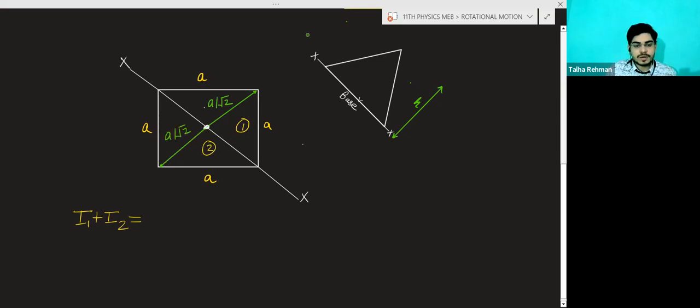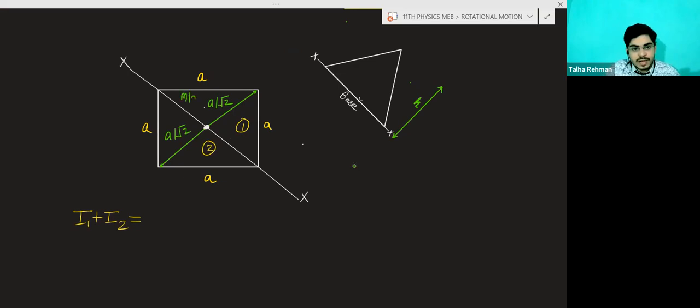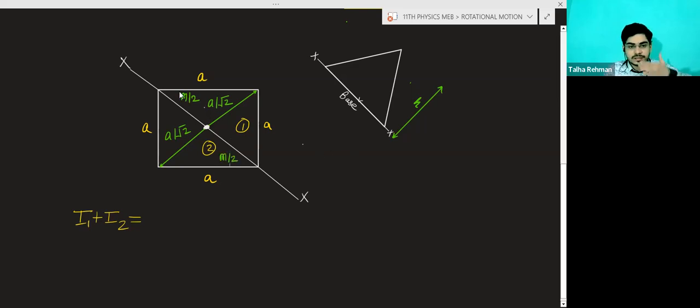Now this is triangle 1 and this is triangle 2. So the mass of this triangle will be m by 2, half of the mass of the square, and here also you will take half of the mass of the square, because you have cut this square into two triangles and the mass is equally divided.